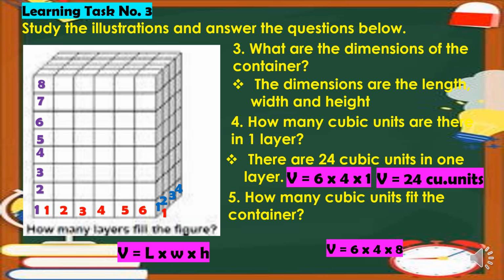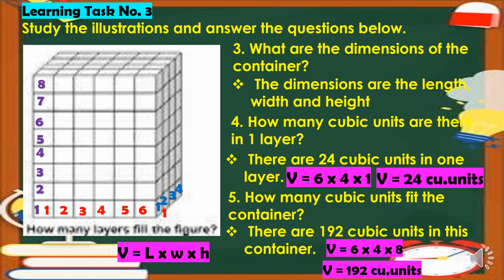We have 6 as the length, and 4 as our width, and the height is 8. Yung kanina 1 yung ginamit natin kasi isang layer lang yung tinatanong. Ngayon, gagamitin na natin is 8, yung taas ng buong container. When we multiply that, we will have 192 cubic units.